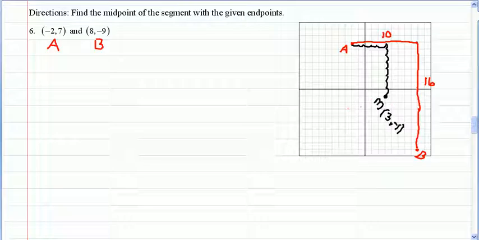But what happens if you don't have a graph or if the coordinates are too large? When that happens, that's when you need the midpoint formula. So I'll write it again.